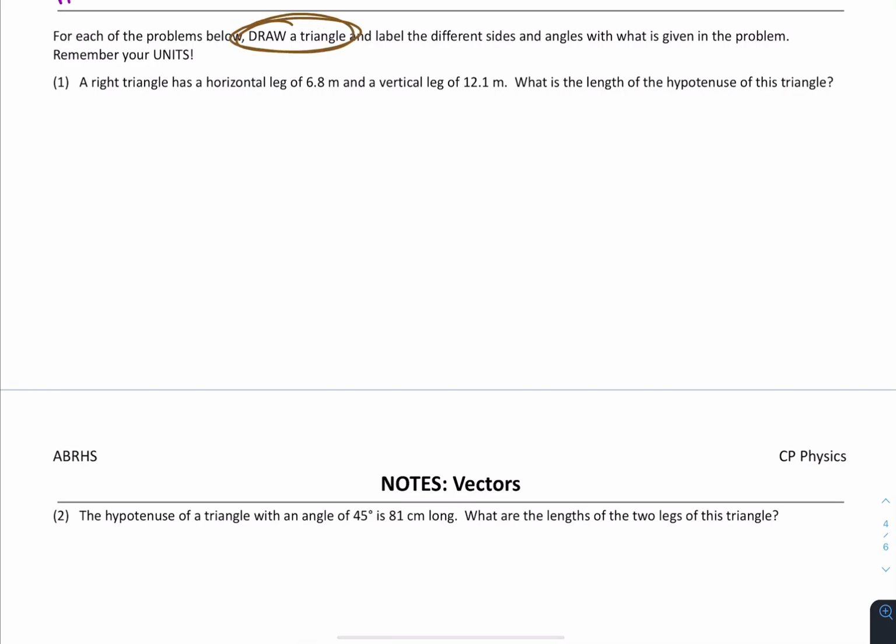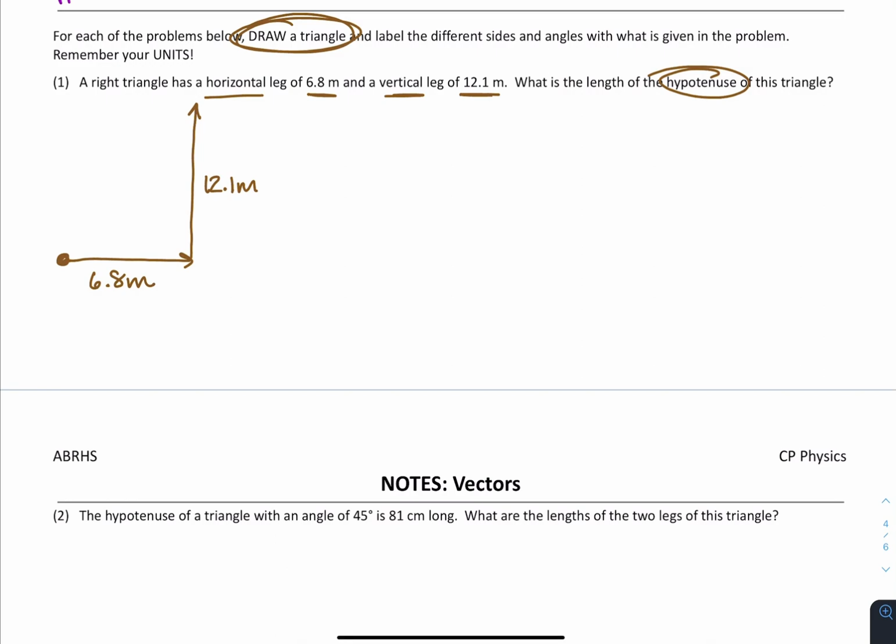So we're going to draw triangles. For number one, it says a right triangle has a horizontal leg of 6.8 meters and a vertical leg of 12.1 meters. What is the hypotenuse? Now these triangles don't have to be perfect. We're just drawing some general triangles. So this horizontal leg is 6.8 meters, and this vertical leg is 12.1 meters.